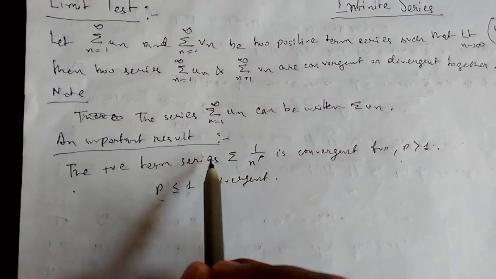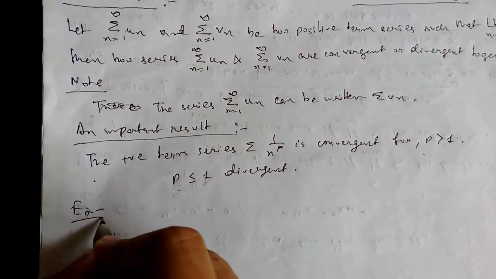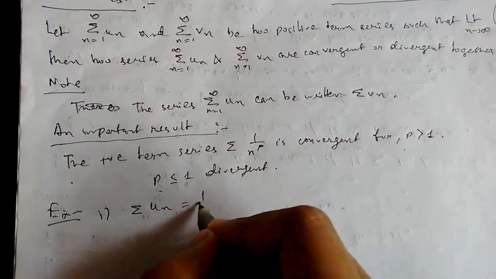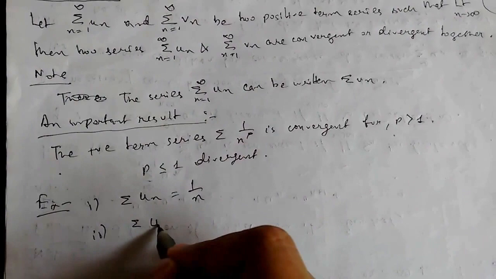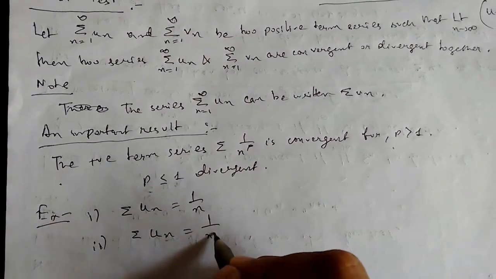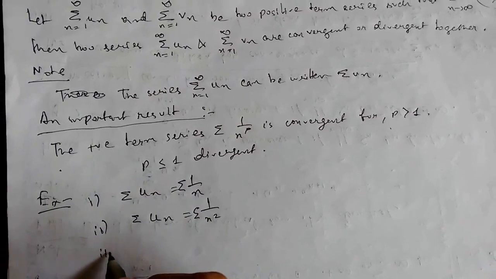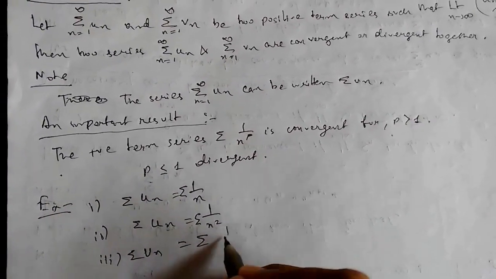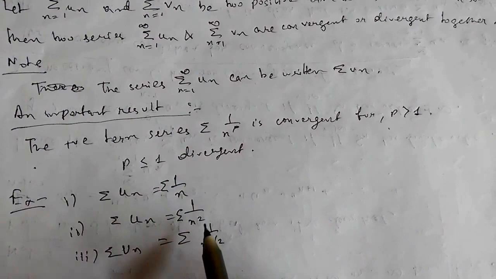So first let me explain this, then I will explain the whole thing. Let us take example 1, summation un is equal to 1 upon n. Number 2, summation un is equal to 1 upon n square. Number 3, summation un is 1 upon n to the power half. Let us see whether they are convergent or divergent.